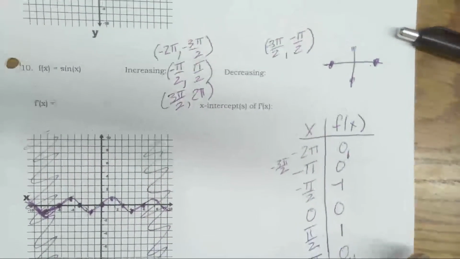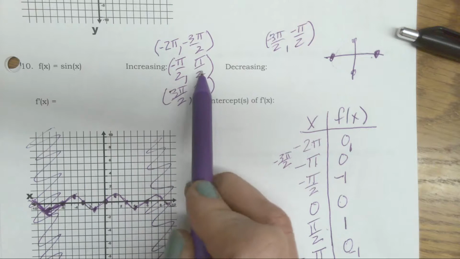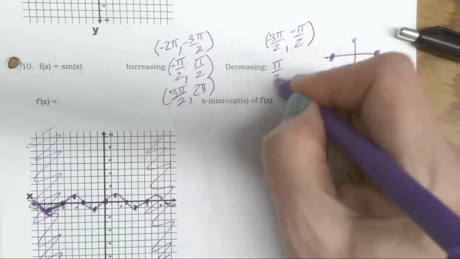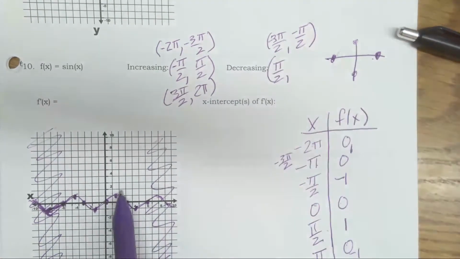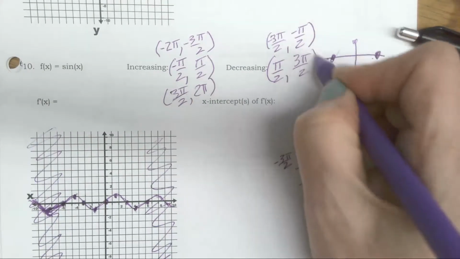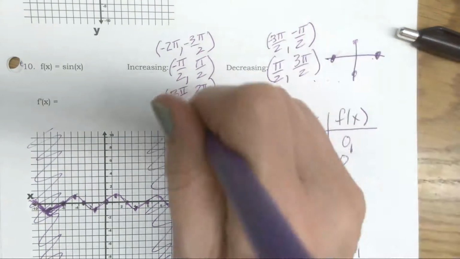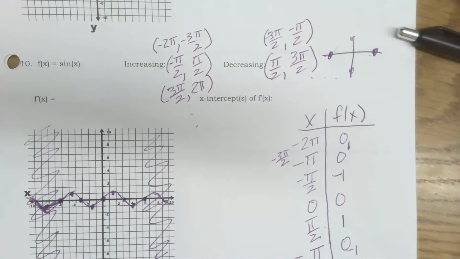Make it so you guys can see. And then it increased again, and then where that stopped at pi over 2. So from pi over 2 up to 3 pi over 2. And then there's more on both of these, dot, dot, dot. There's more, but we're just going to go in that region.